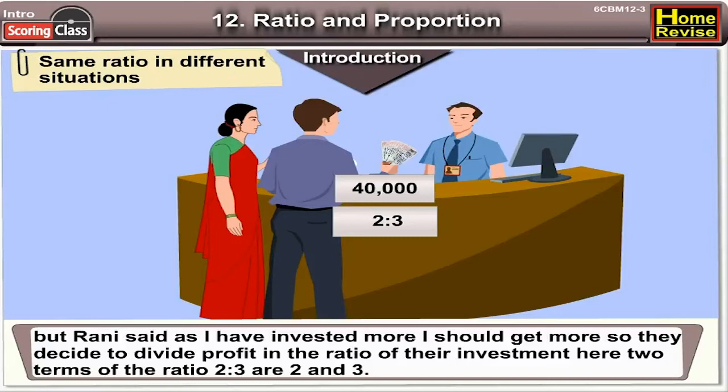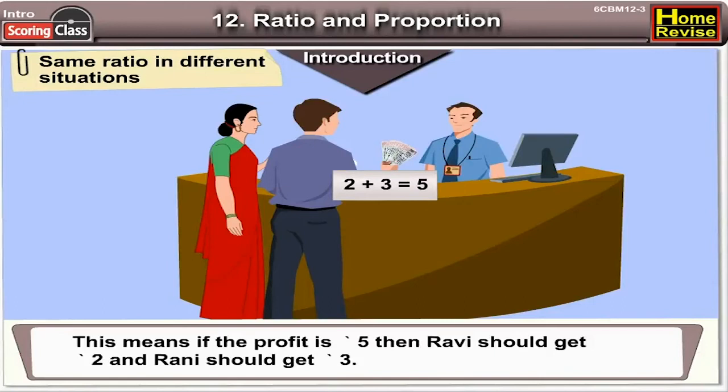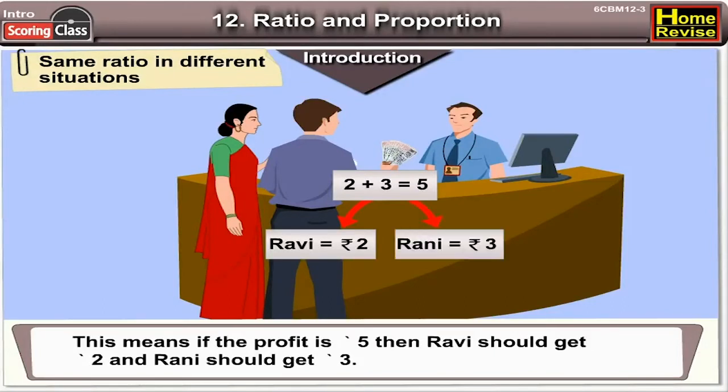Here, two terms of the ratio 2:3 are 2 and 3. Now, sum of these terms is equal to 2 plus 3, which is equal to 5. This means if the profit is rupees 5, then Ravi should get rupees 2 and Rani should get rupees 3.